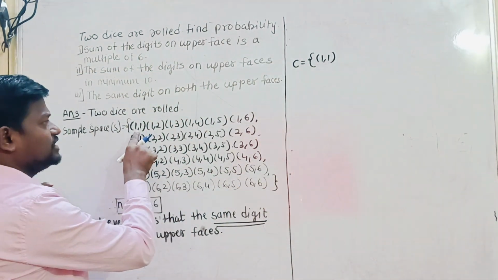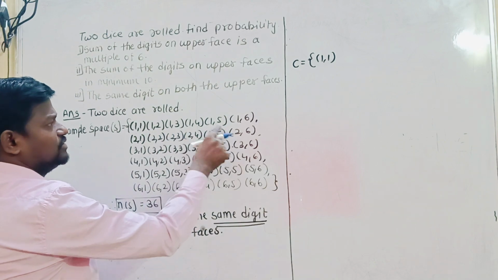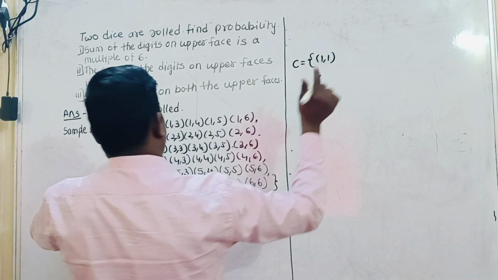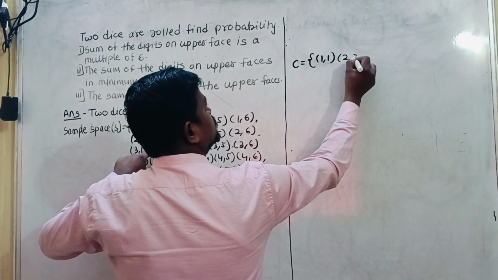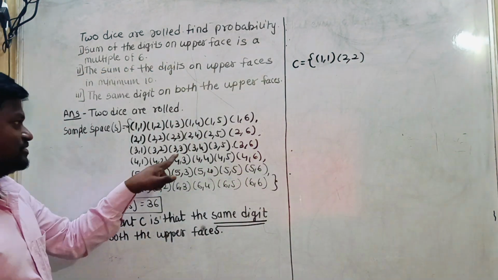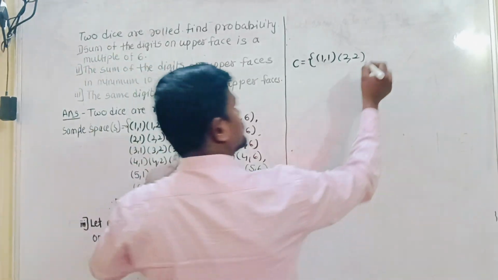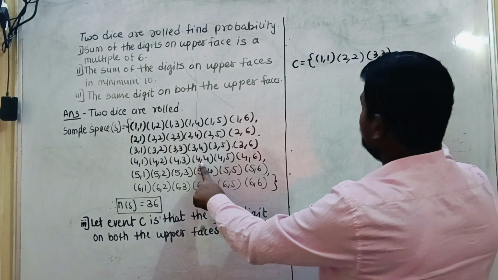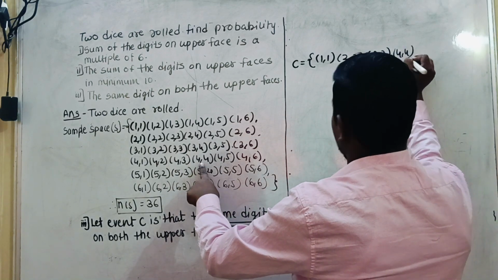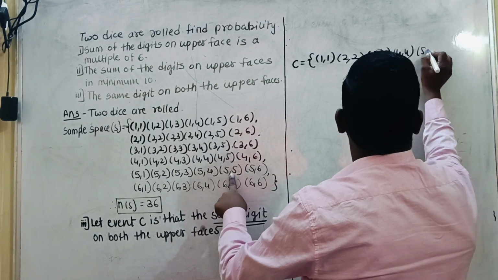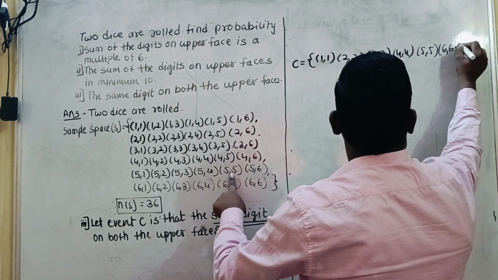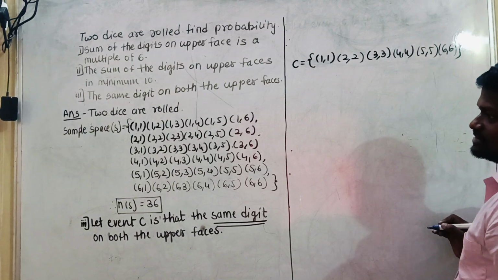And here 2 2, then 3 3, then 4 4, then 5 5, and last one 6 6.